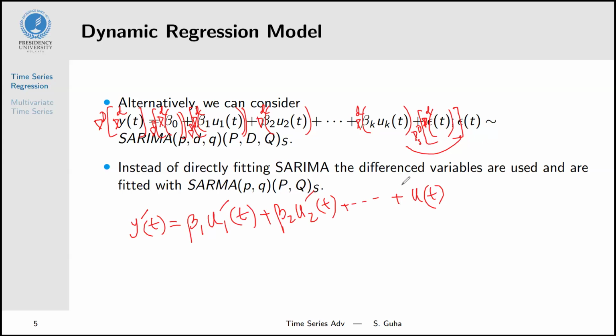Now see, this is again a dynamic regression model, but this ut follows an ARMA(p,q) or SARMA(p,q) model. Then you should work with this model. You should apply a statistical algorithm to fit this model, and you should do forecasting with that. So that is the idea of dynamic regression models.